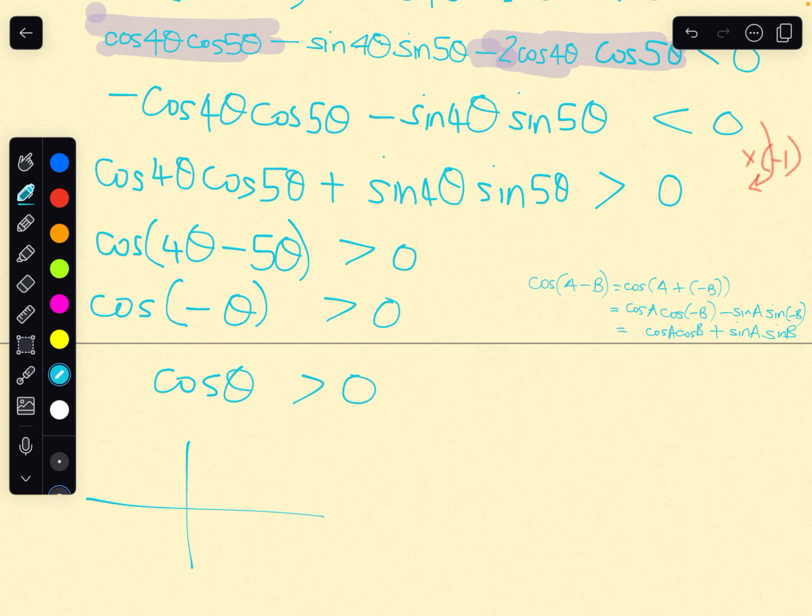Because another way to think about it is, the graph of cos theta looks something like this. And the graph of cos of negative theta, so the coefficient of theta is in charge of stretching, changing the period of the graph, so it could end up being a very squished graph or a very stretched graph.